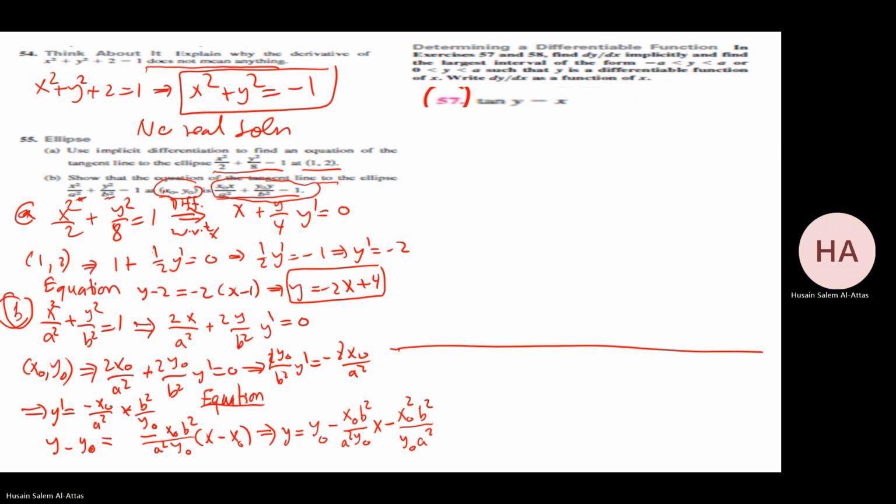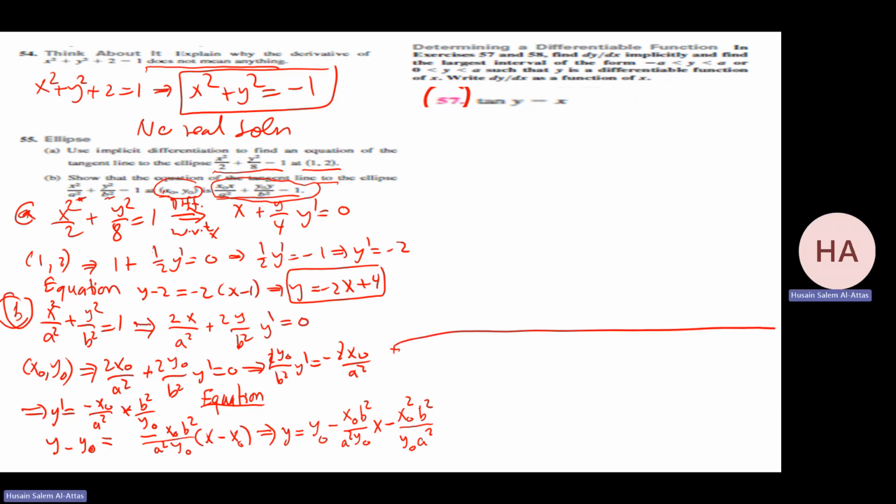Okay. I need to notice one thing. x0 and y0 satisfy this equation. So I have x0 squared over a squared plus y0 squared over b squared equal to 1. I always need to remember this. Now I need to rewrite the equation.